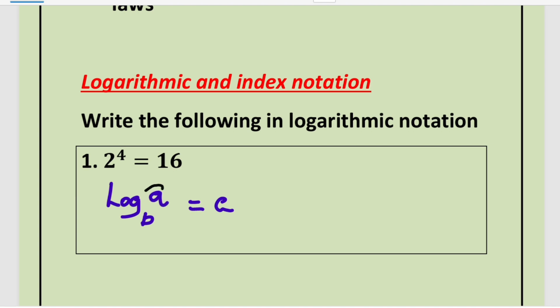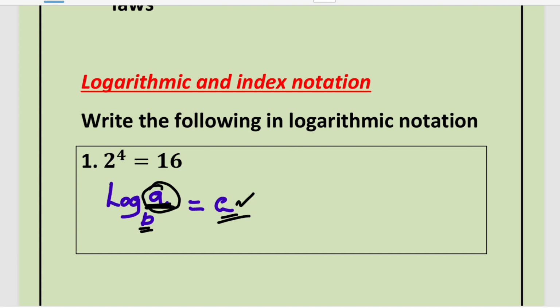A is the result of raising b to which index? C. So that is how we normally write a logarithmic notation. The base is written down here, the result is written at the middle here, and then the power is what we get on the other side of the equation.